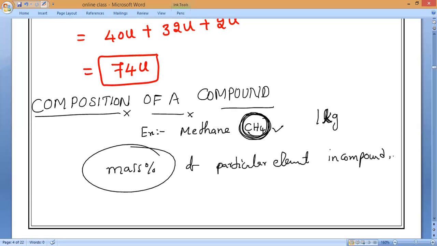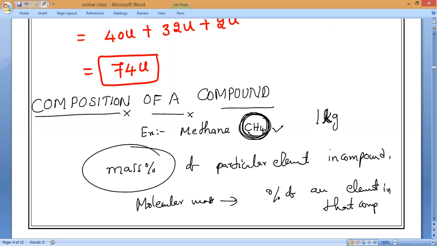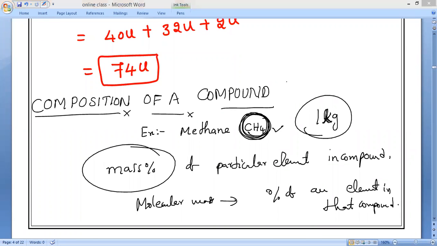So whatever molecular mass we are calculating, this will help in calculating the percentage of an element in that particular compound. So how much percentage, as I said, if I take 1 kg of methane, what is the percentage of hydrogen? What is the percentage of carbon? Like this, we can calculate with the help of what ratio, guys?